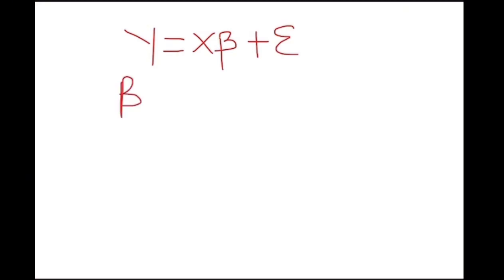What I want to do next is to show you how we derive, when y equals X beta plus epsilon. So I actually want to show you how we derive that.